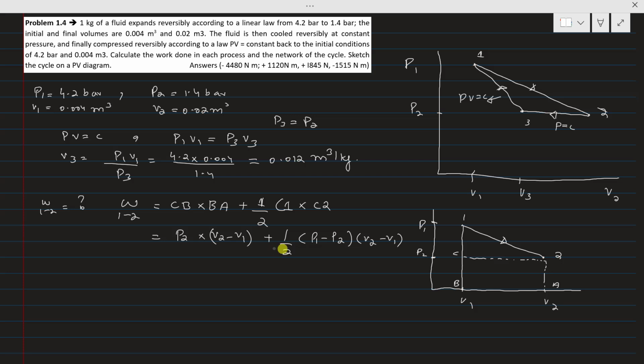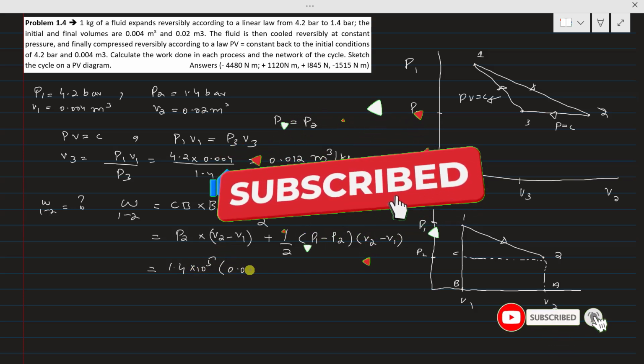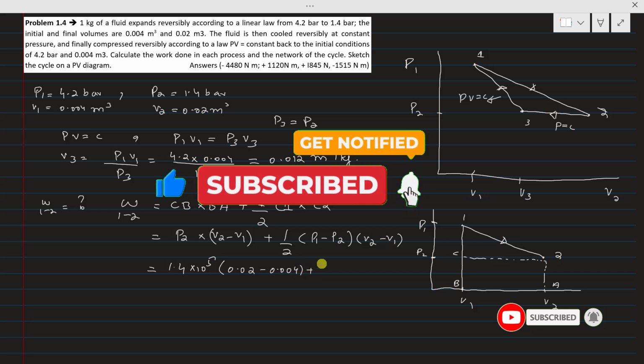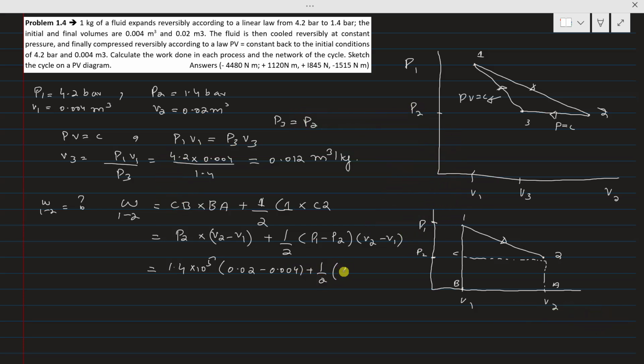Now put these values in these equations to get the work out. What is P2? Into V2 minus V1, that is 0.02 minus 0.004. So after simplification, only this term I am solving.